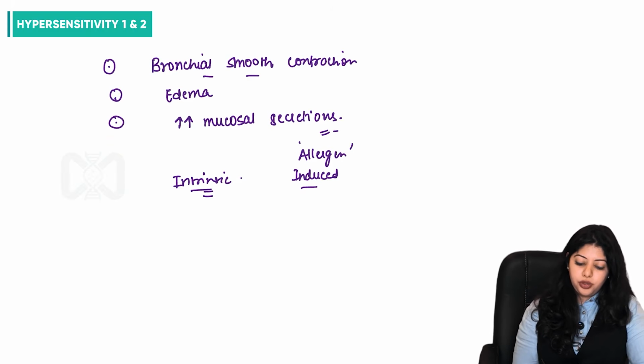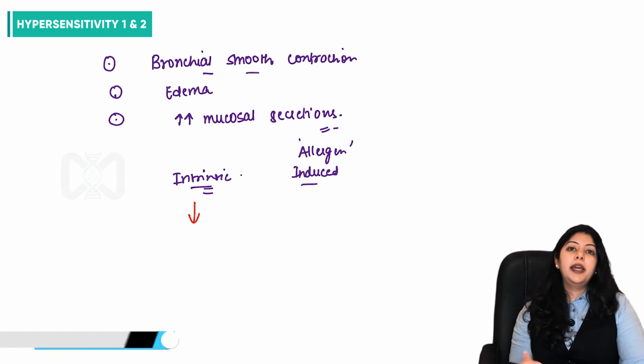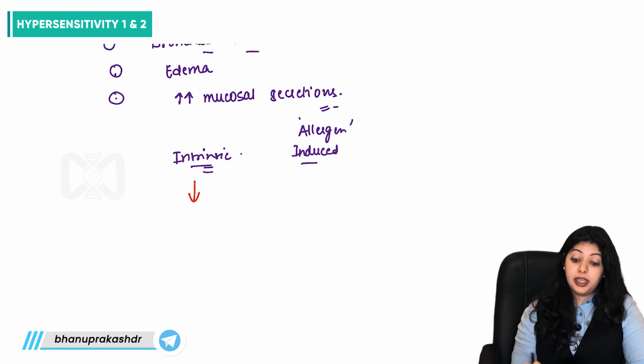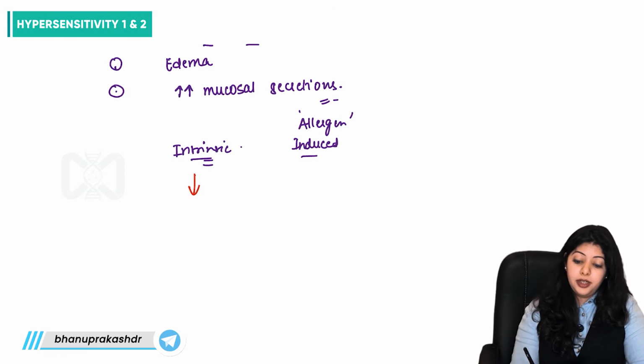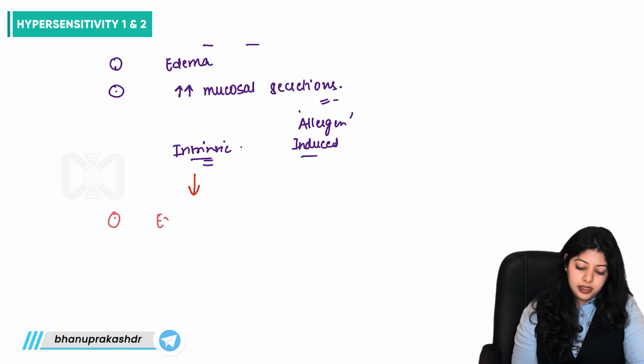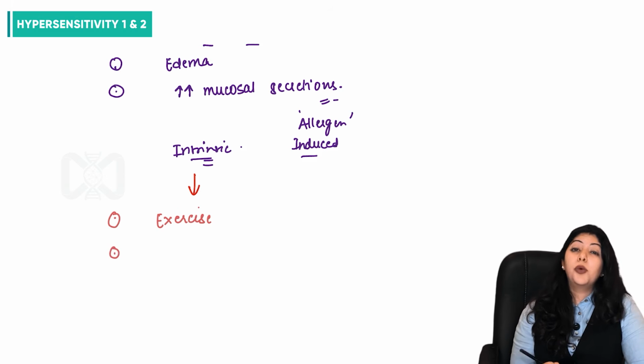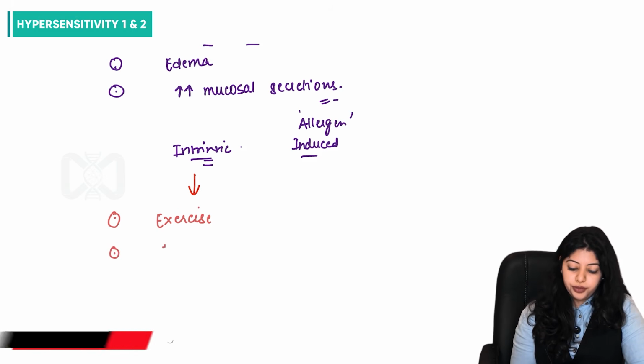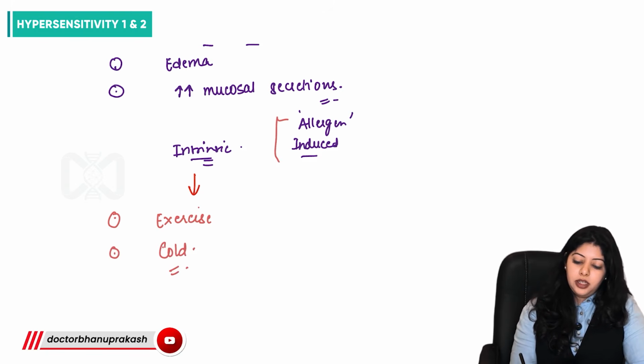Intrinsic is not stimulated by any foreign allergen, but it can very well be stimulated with exercise and even exposure to severe cold. Whereas allergen induced can be due to any external allergen.